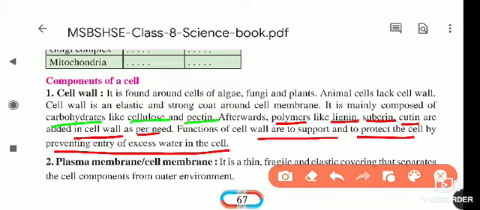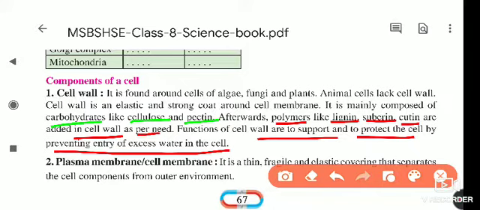It is made up of carbohydrates like cellulose and pectin, and afterwards polymers like suberin and lignin are added to it.